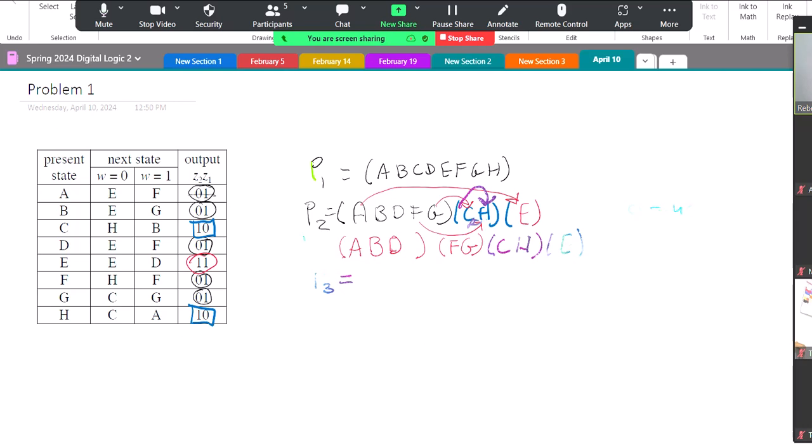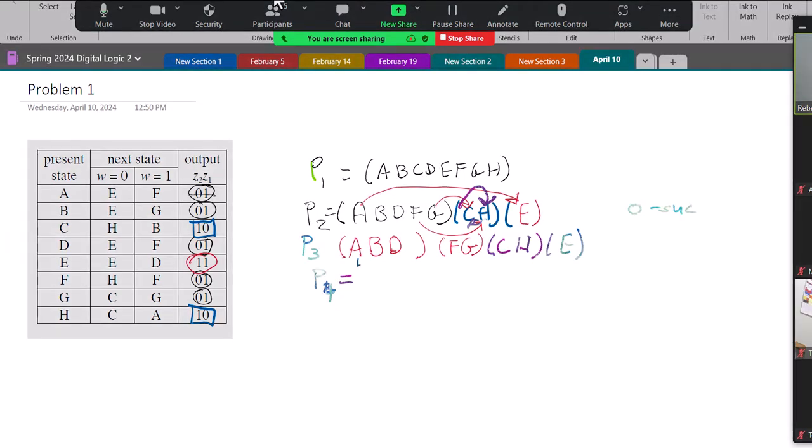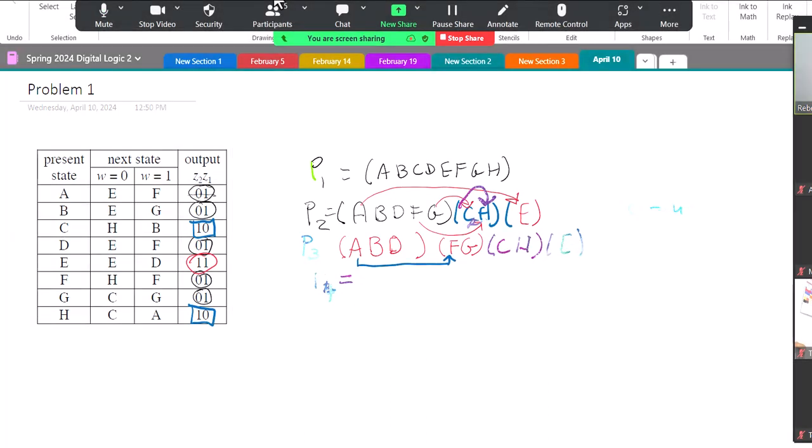That was P3, sorry. That was P3, this is P4. Okay, so for P4, I'll check A goes to F. I'm looking at the 1 successors.